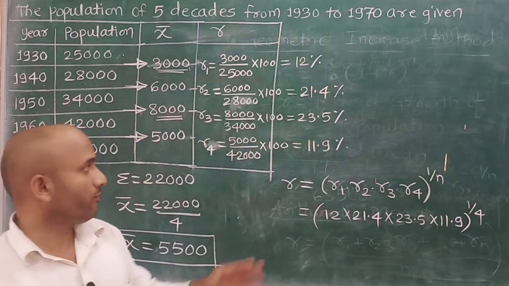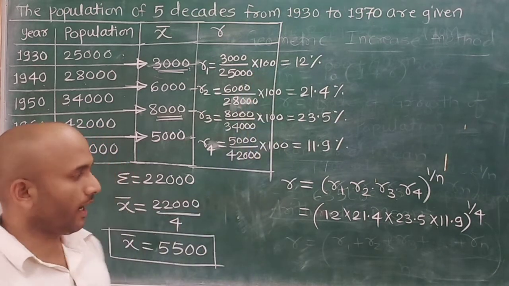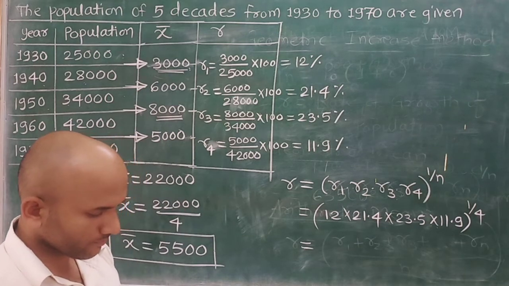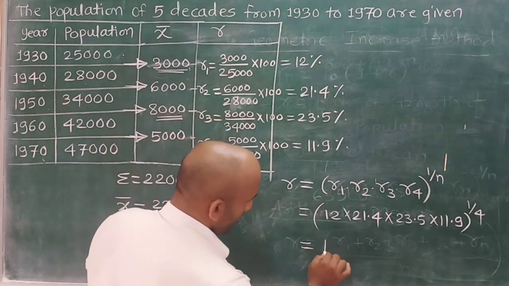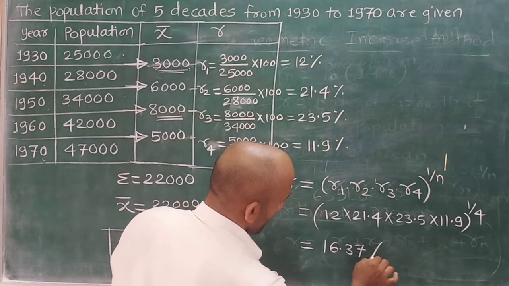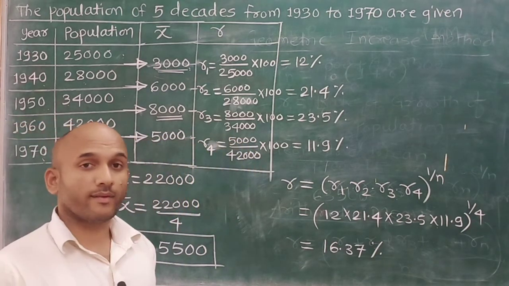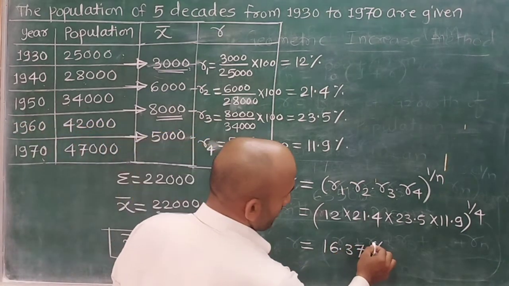Because there are 4 values of R. So this R will be equal to how much? 16.37%. The value is in percentage.